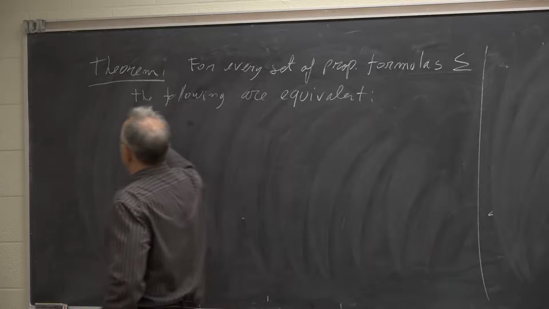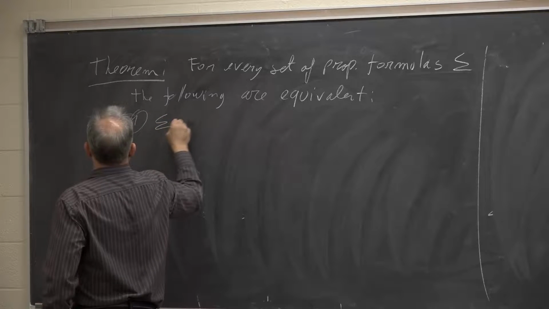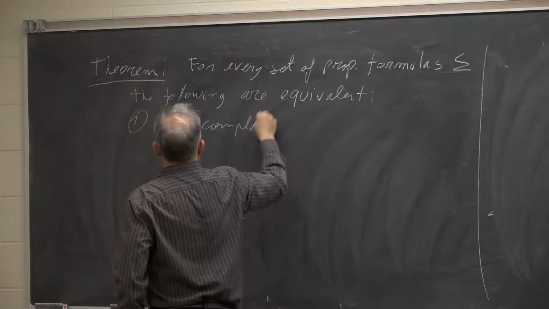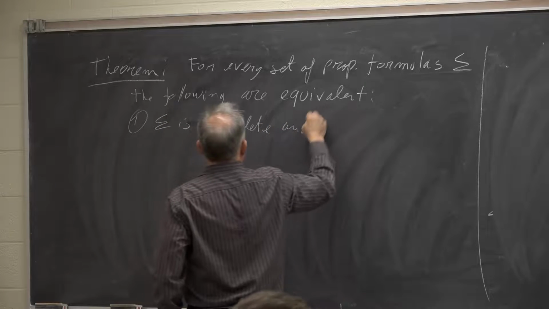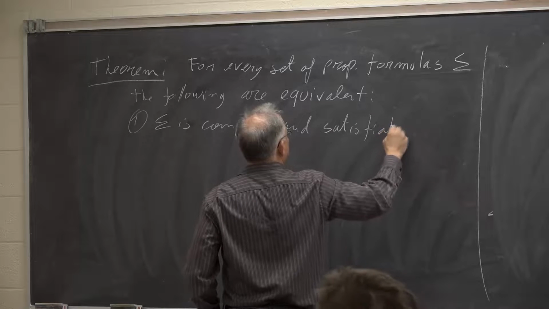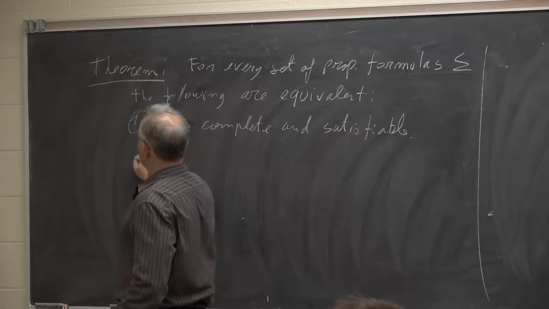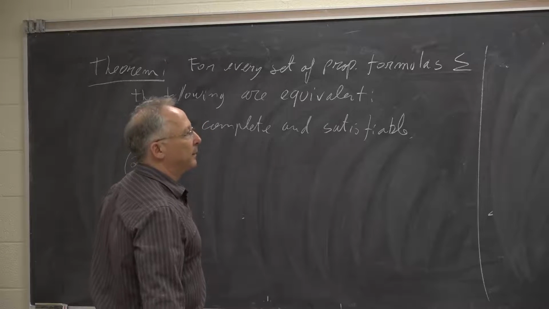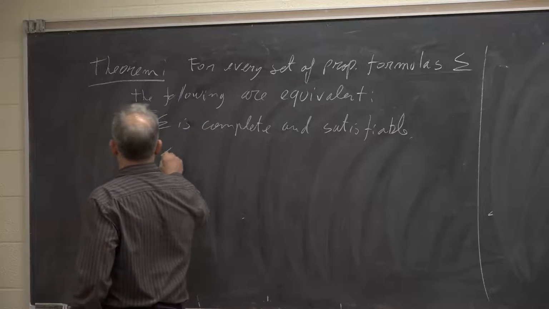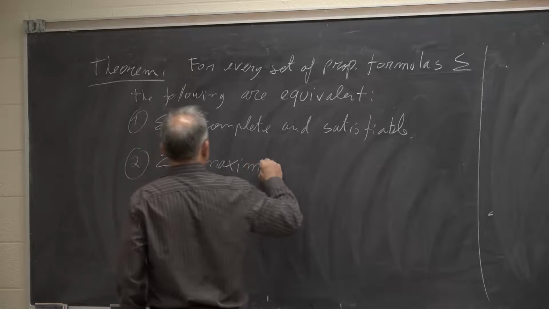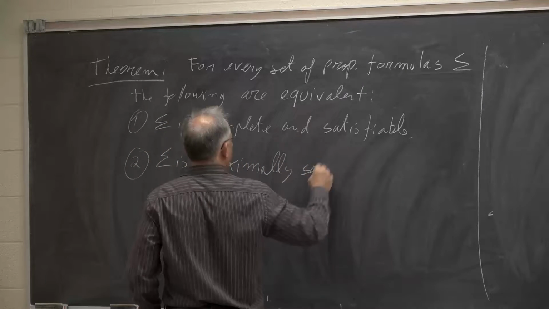One, sigma is complete and satisfiable, and two, sigma is maximally satisfiable.